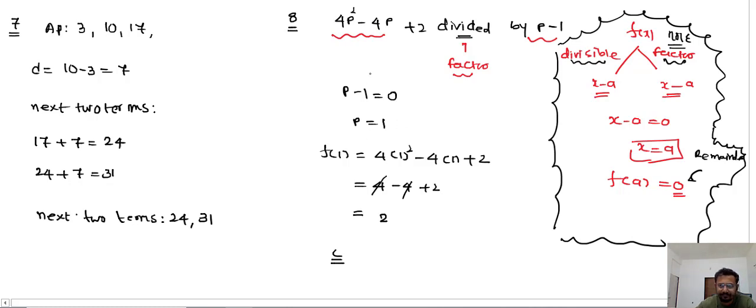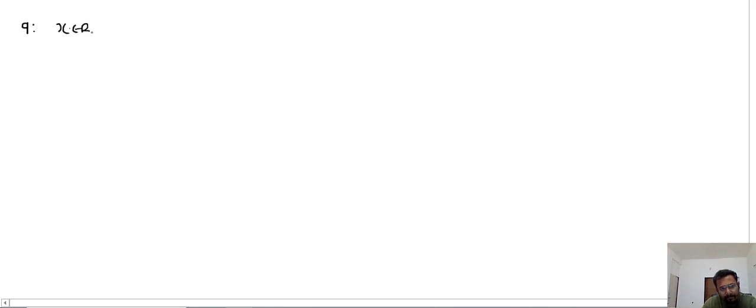Number 9. Here x belongs to R, and we want to find the solution set of the equation. x is greater than minus 2, so all values greater than minus 2, and they are all real numbers. Here four options are given.